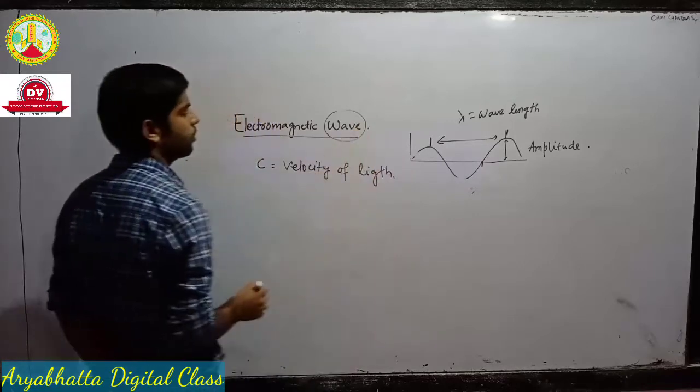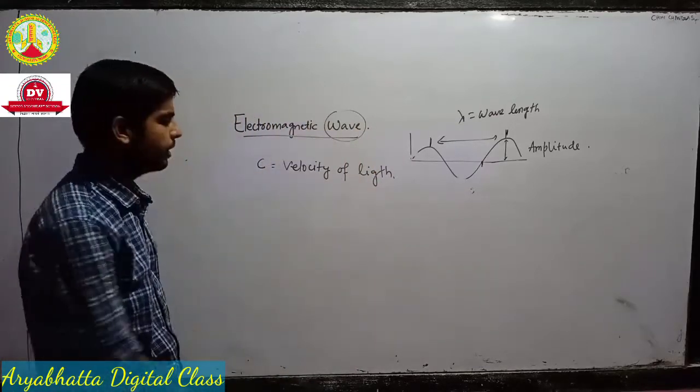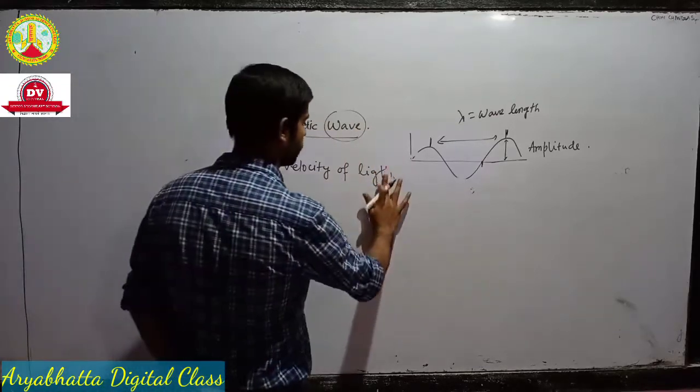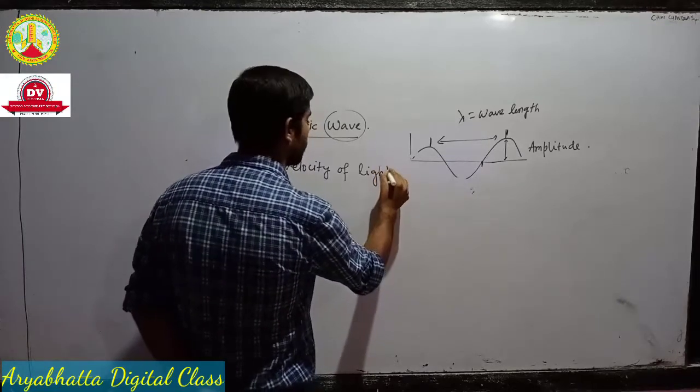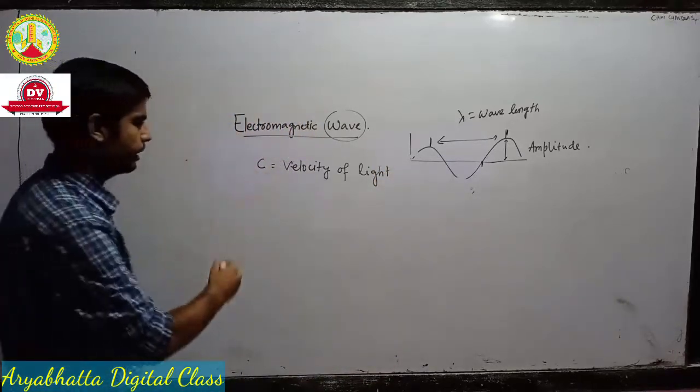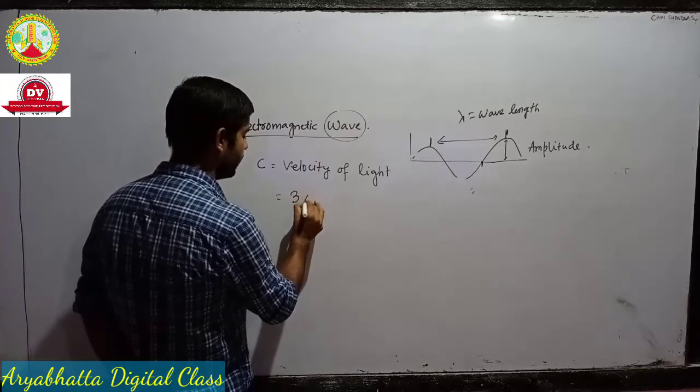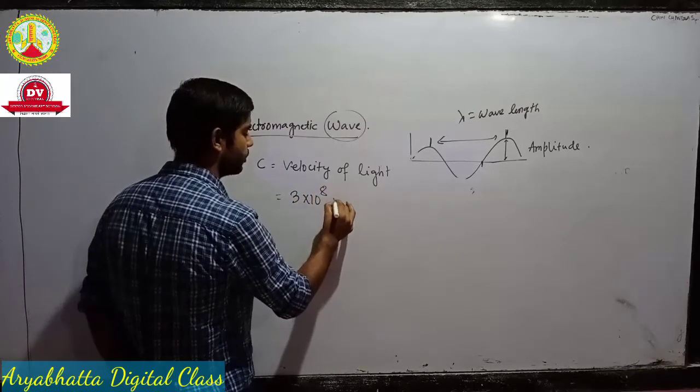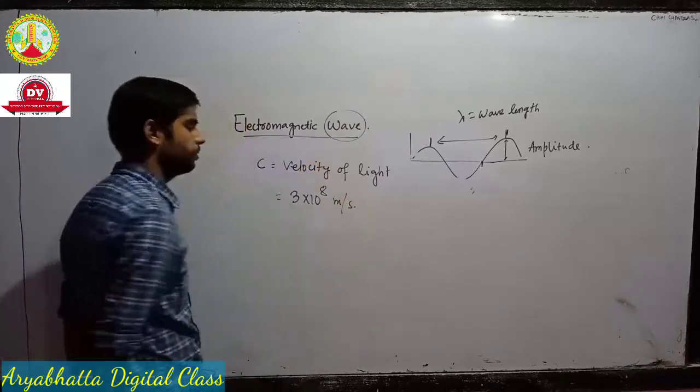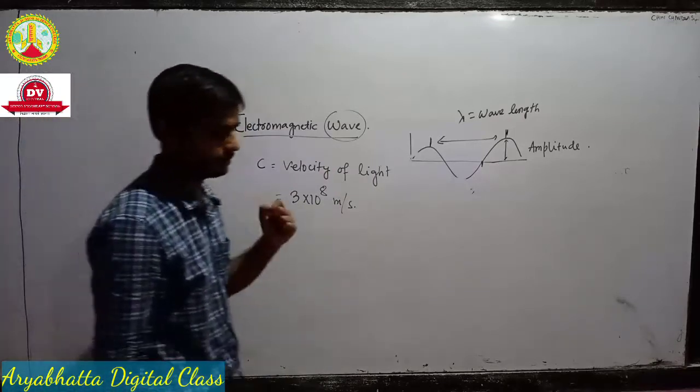So most of the electromagnetic waves travel with the same velocity, and it has a value of 3 into 10 power 8 meters per second. That means 3 lakh kilometers per second.